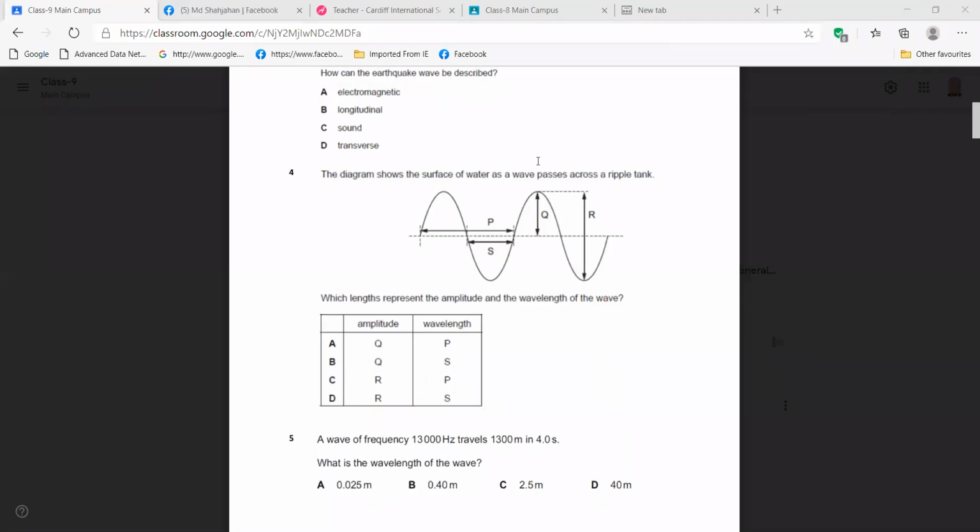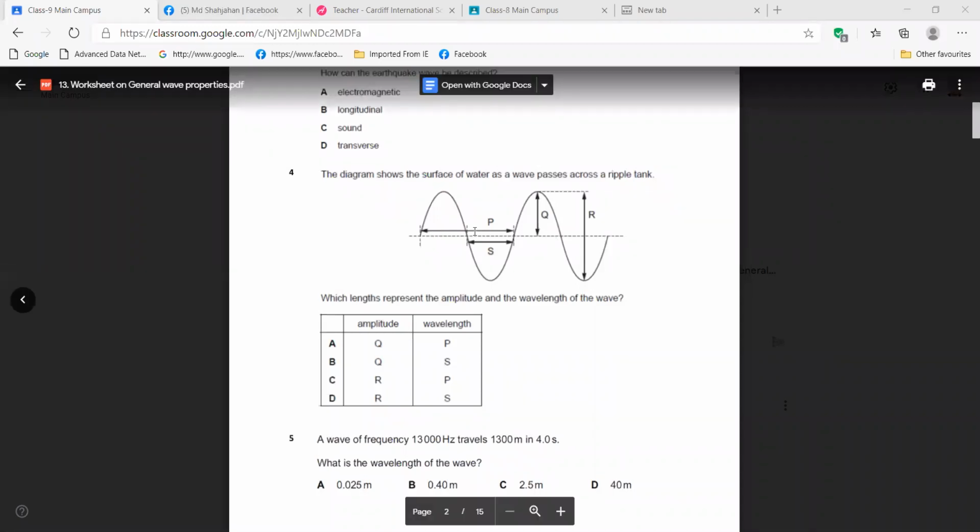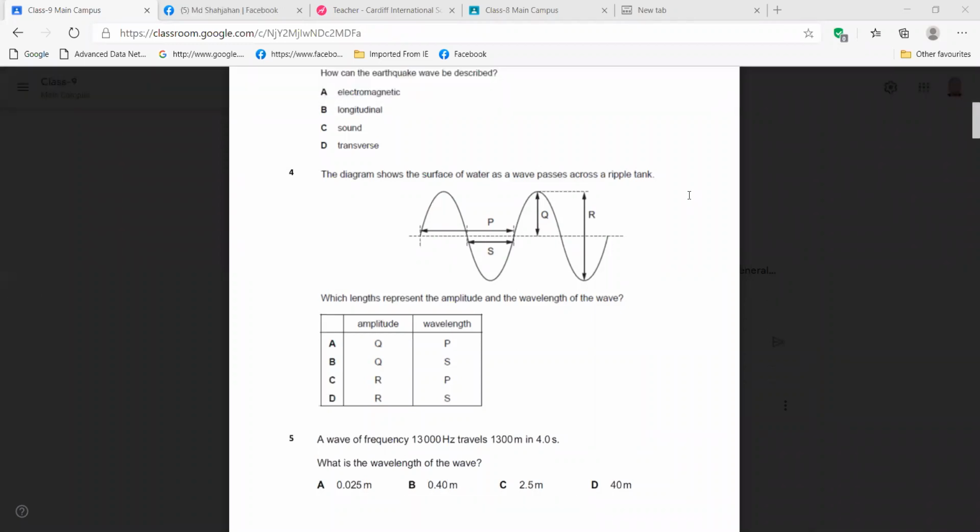Yes, sir. So our amplitude is Q and wavelength is P. If I ask you, what is R? It is double the amplitude, right?